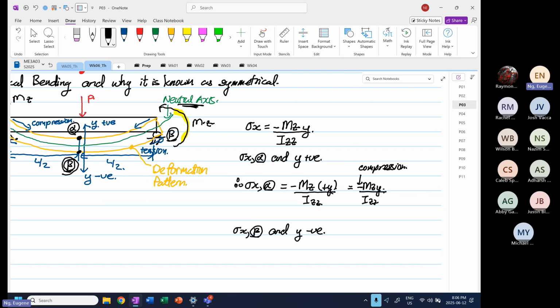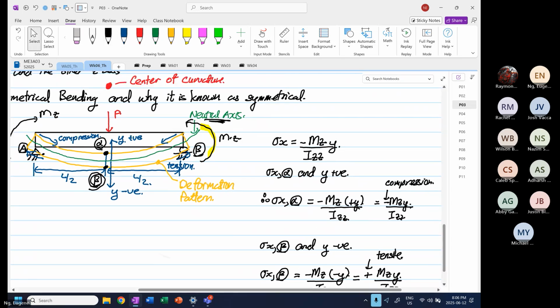When that's the case, when you write this out, stress X at point beta is equal to minus Mz, now you have minus y, and then you have Izz. Minus minus is equal to plus, so Mz multiplied by y over Izz. In this case, this is in tensile.